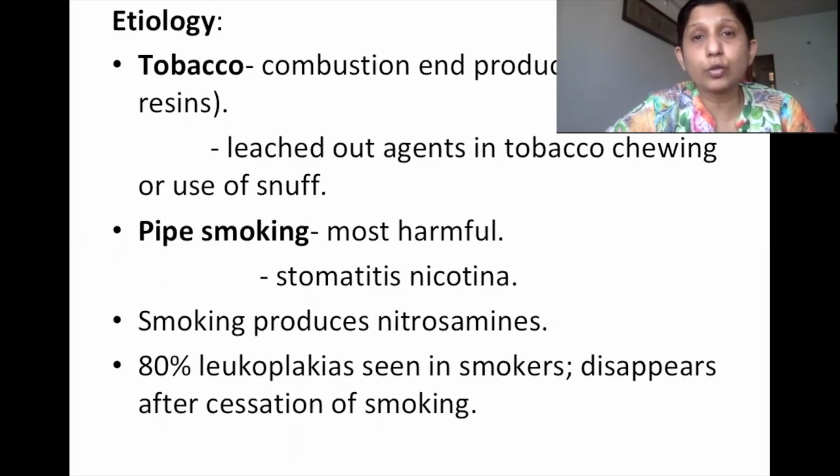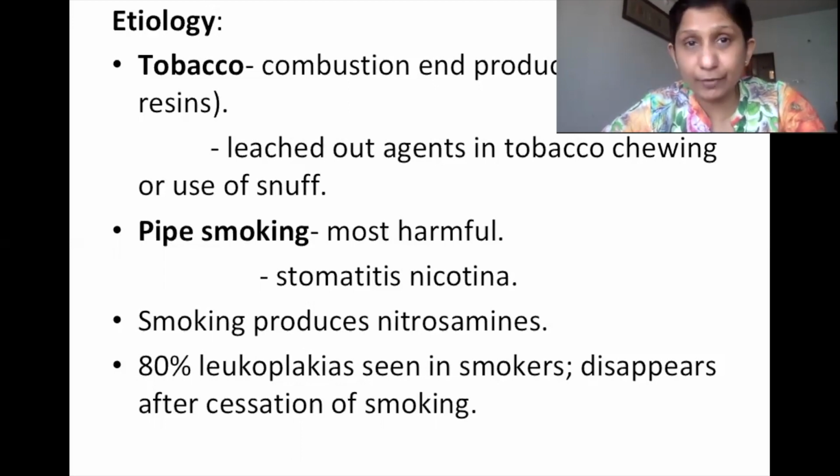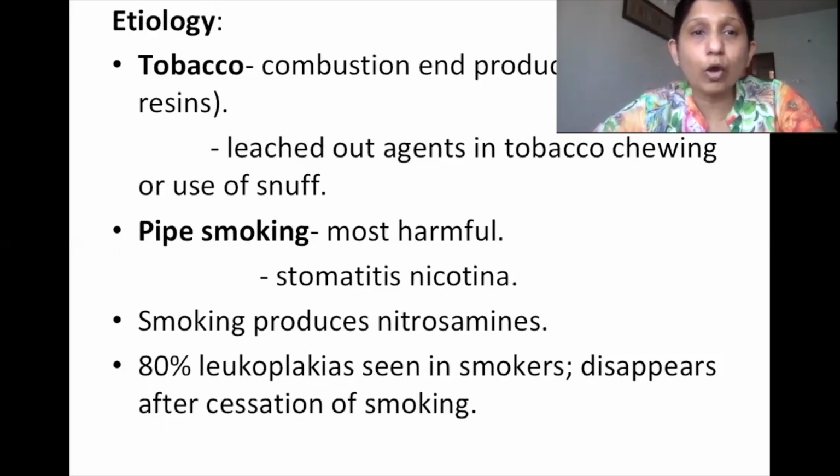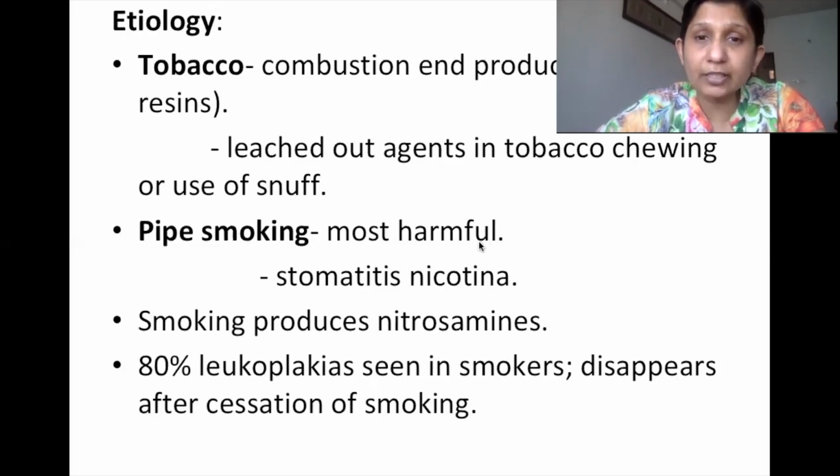Under smokeless tobacco, you have tobacco chewing, and then you have snuff dipping, where you keep the tobacco components in the nasal mucosa. So tobacco can lead to combustion end products, which are tars and resins, due to smoking, and leached out agents in tobacco chewing or use as snuff.